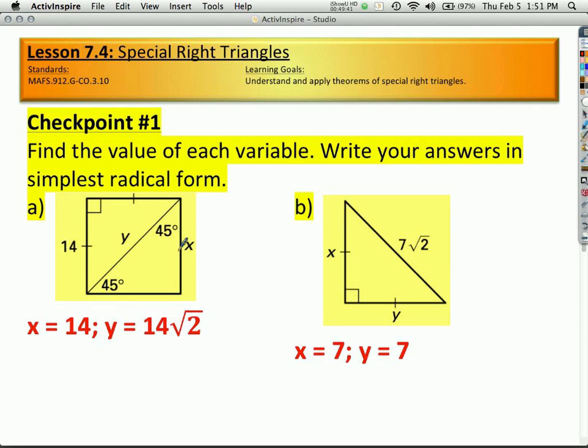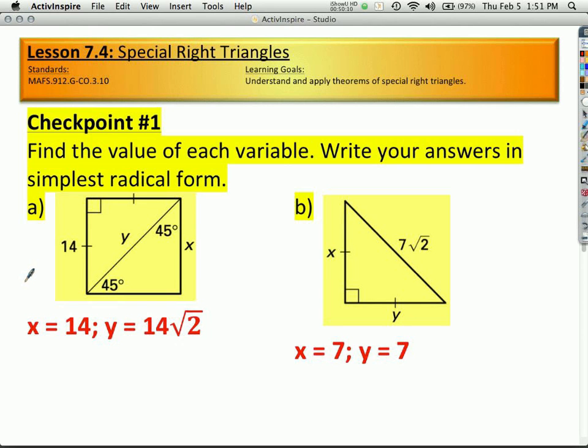Anyone have a different way of saying that x must be 14? Alexandra? Okay, so that's kind of what she's saying. So you say they're congruent triangles. How do you know? Okay.